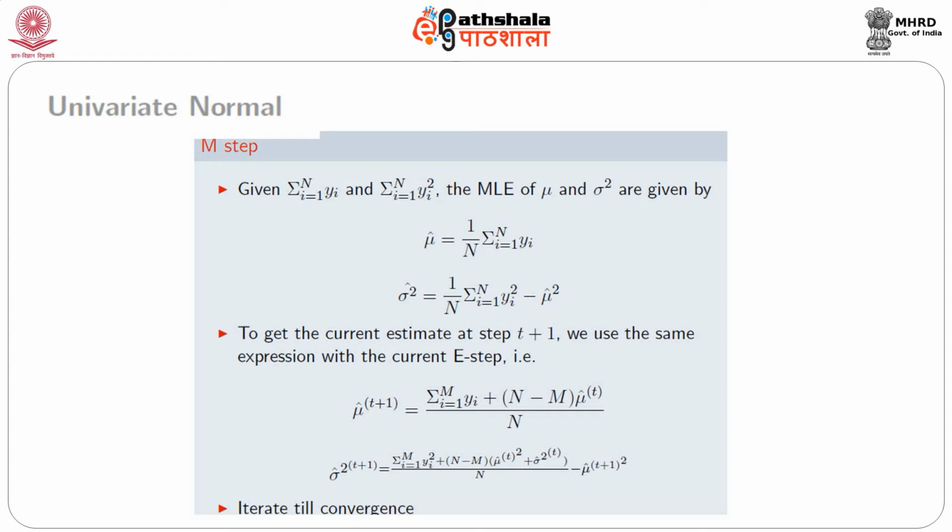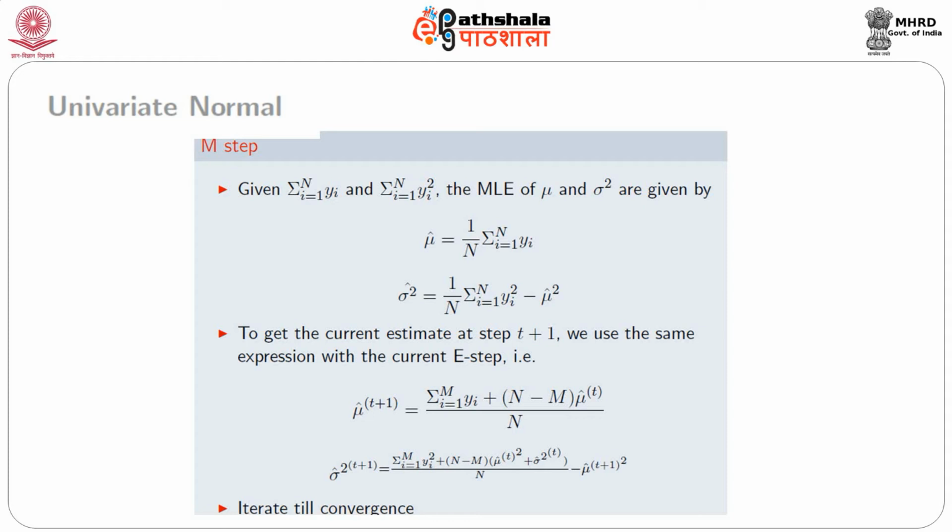That is, mu hat t plus 1 now becomes summation i equal to 1 to m yi plus n minus m times mu hat t, divided by n, and sigma square t plus 1 is summation i equal to 1 to m yi square plus n minus m times mu hat square t plus sigma hat square t, divided by n, minus mu hat t plus 1 square, and we iterate this until convergence.